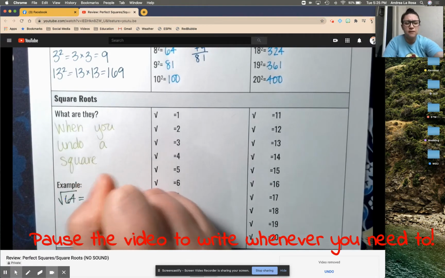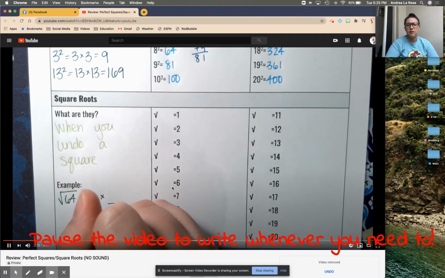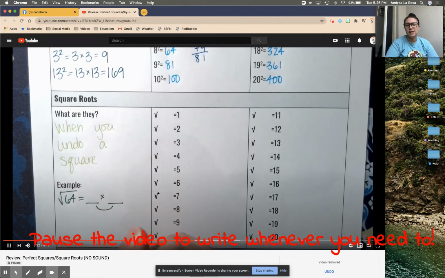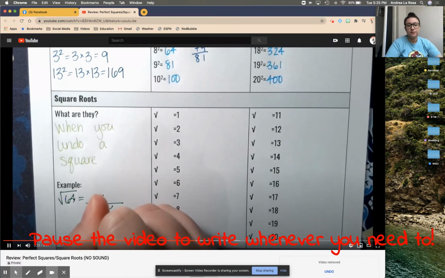The square root of 64: I want to think to myself, what number times itself is going to give me that 64? It has to be the same number. Yes, I can do 4 times 16, but those aren't the same numbers. They must be the same.